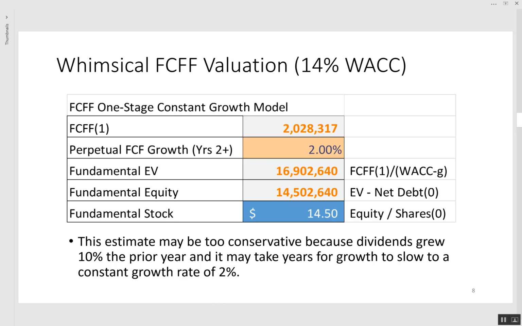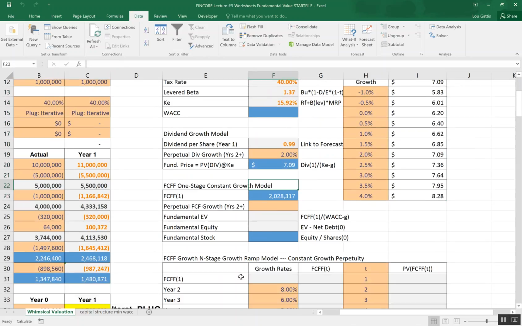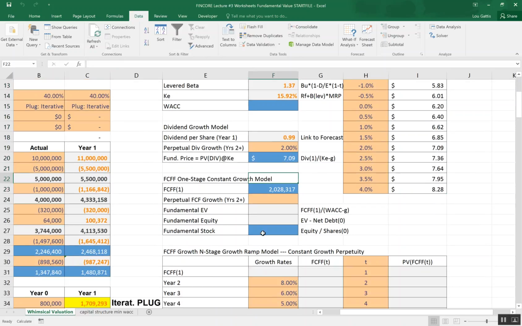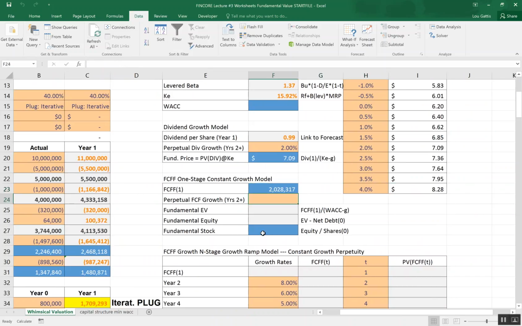So let's do a whimsical free cash flow valuation. Let's start with the free cash flows I've estimated for 1 year, $2,228,000. Again, that's from my model from topic 1. Let's again assume it grows at 2% forever. All right, that's just a guess.